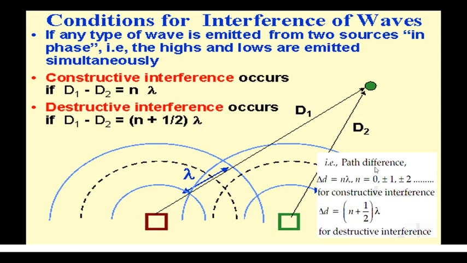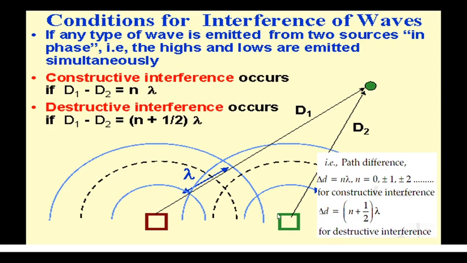So here you can see that the path difference, delta d, is equal to n lambda, with n equal to 0, 1, 2, 3, etc. And that is the condition for constructive interference. And for destructive interference, it can be n plus half into lambda or n minus half into lambda.